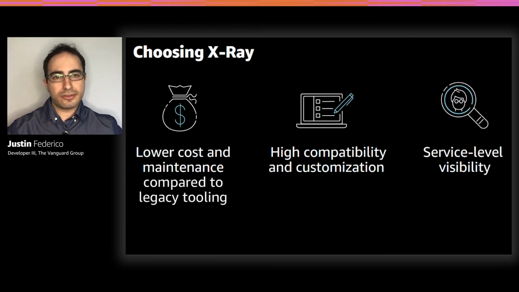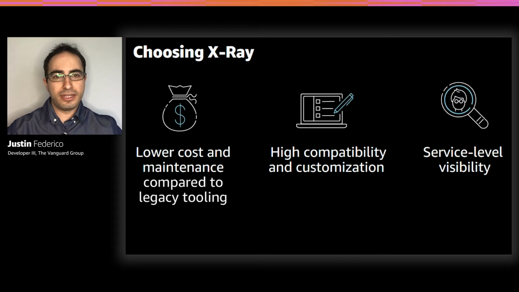With AWS X-Ray, since it's a managed service from AWS, all we had to do was simply enable the service, and that's pretty much it. There might be a time where there's an SDK upgrade, if we wanted to take advantage of some new features, we might have to upgrade, but outside of that, there really was low maintenance, and that was key for us.